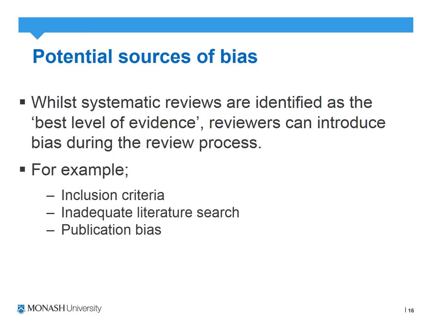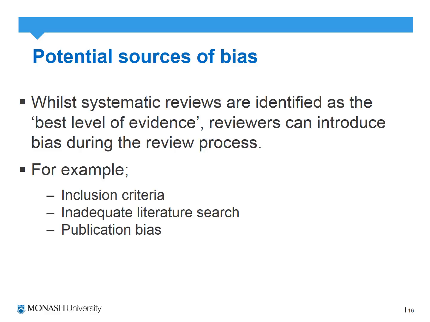So even though we sort of praise the systematic review, as I mentioned, there are instances where bias may still occur. If you're conducting a systematic review of RCTs, the systematic review is going to be fairly good from a quality point of view, as opposed to a systematic review of cohort studies or whatnot.